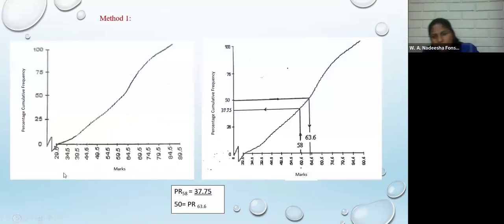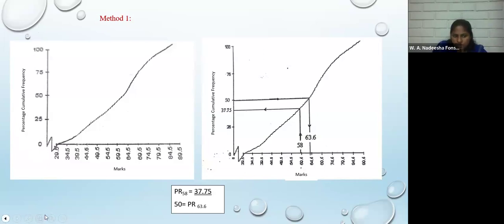Like the cumulative frequency curve, similarly we can draw the percentage cumulative frequency curve by considering the upper limits of the class intervals on the x-axis and the percentage cumulative frequency on the y-axis. Here it is not cumulative frequency but percentage cumulative frequency.